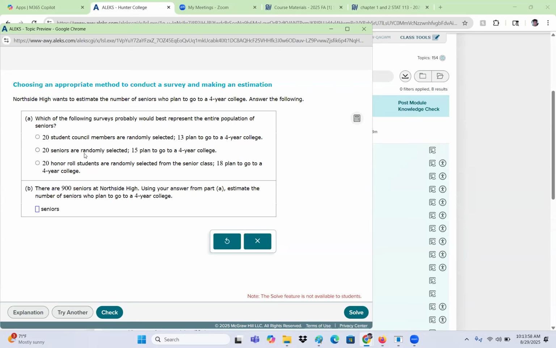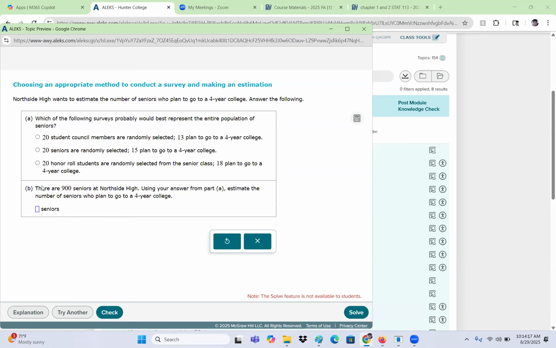That sounds good because that represents the sample, right? But 20 honor students is not a reflection of the entire population, so we're not gonna pick that. 20 council members is not something we consider.